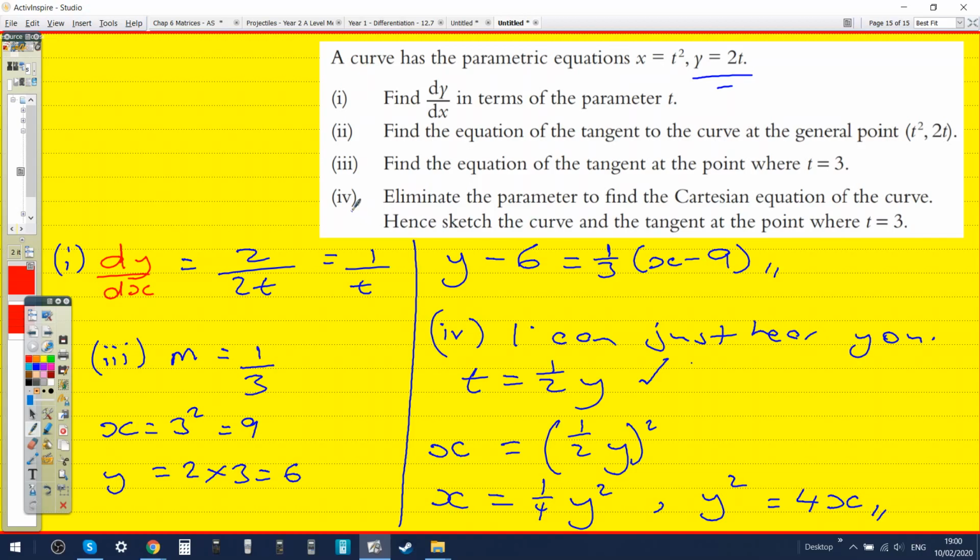It turns out the point where t equals 3 is the tangent. So sketch a curve. I'm not sure, would it be like an exponential sort of thing?